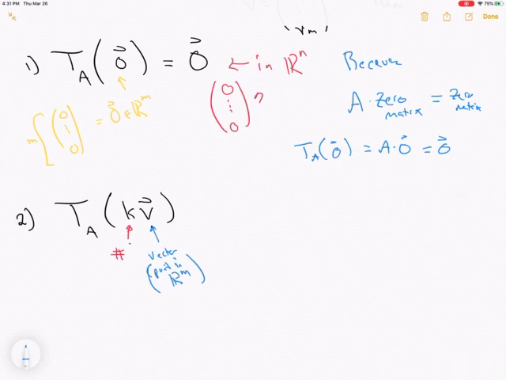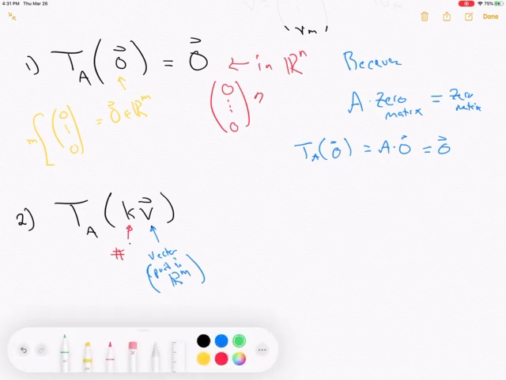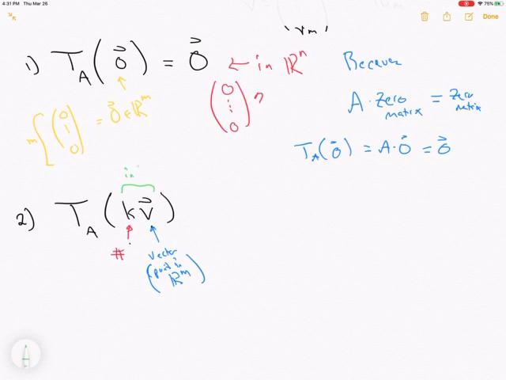That means that the entire thing in parentheses, k times v, is actually itself a vector. So this whole thing is still a vector, still in Rm, just so we're all on the same page.